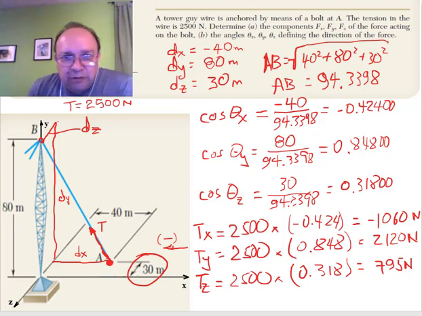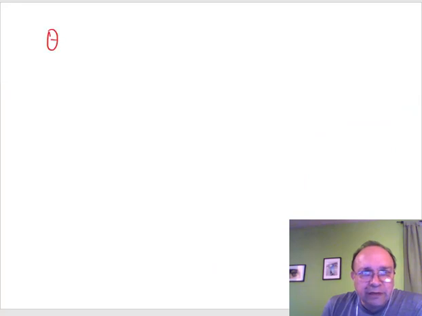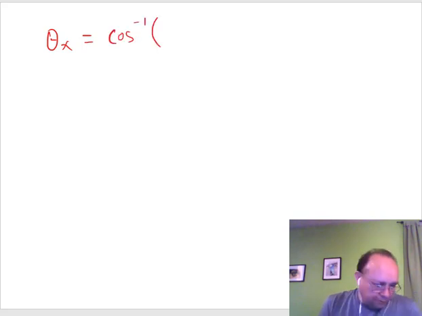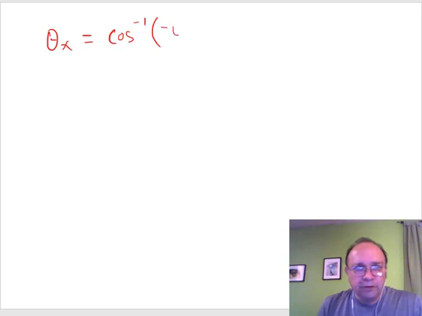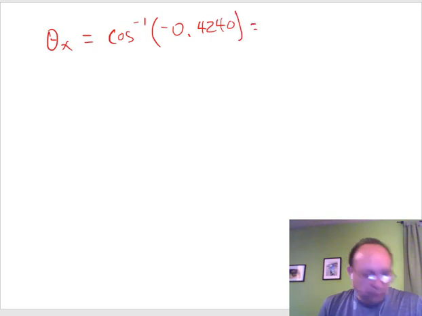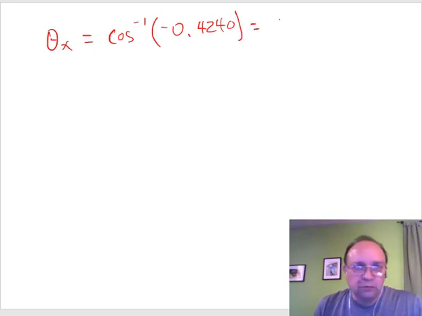The angles will be no other than just getting the arc cosine of these values here. Theta x will be the arc cosine, or maybe you can say better cosine minus 1, of minus 0.4240, which is 115 degrees.